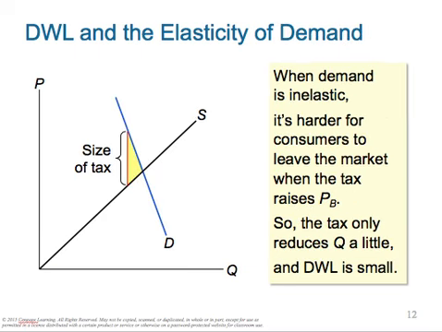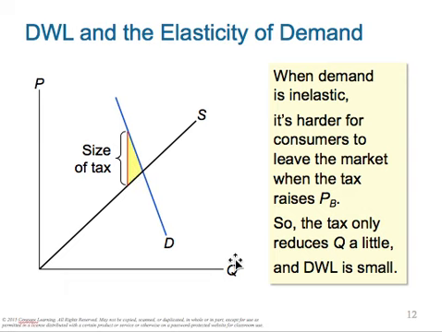Well, let's take a look at the demand curve. So demand here is pretty inelastic, pretty vertical, not a lot of movement. It's harder for consumers to leave the market when the tax raises the price buyers pay in this situation. So the tax only reduces quantity a little, and the deadweight loss is small, as illustrated here in this yellow triangle.